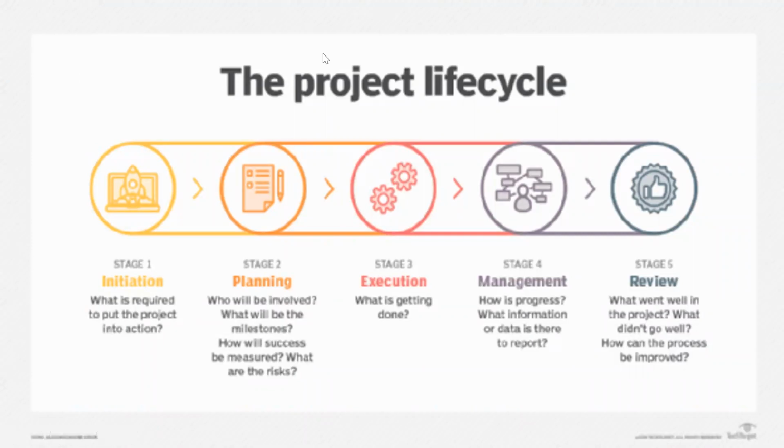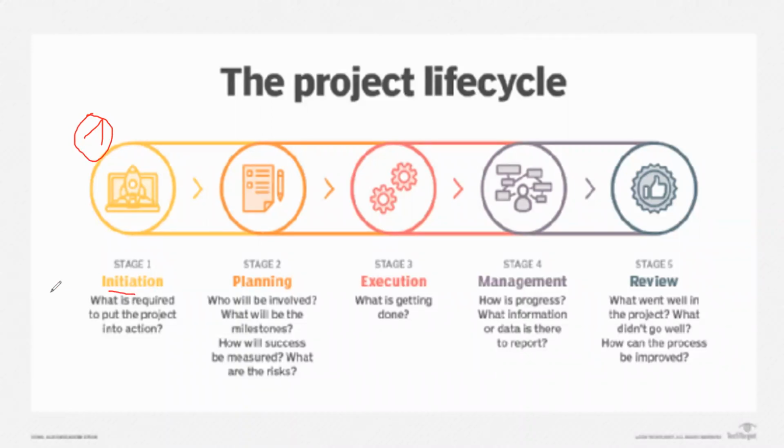Now we talk about the project lifecycle. We were mentioning some of the steps of the lifecycle of the project, but let's see in detail what they are. First of all, there are four main steps that can be followed by a fifth one. Stage number 1 in the project lifecycle is the initiation.